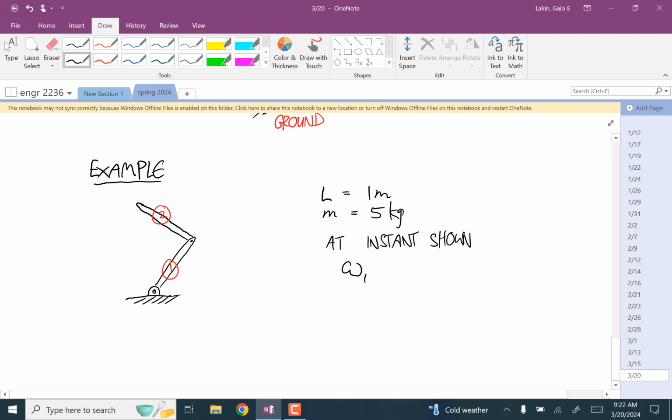Omega 1, let's say that omega 1 is rotating this way, okay? And omega 2 is rotating this way. So this one is clockwise, this one is counterclockwise.